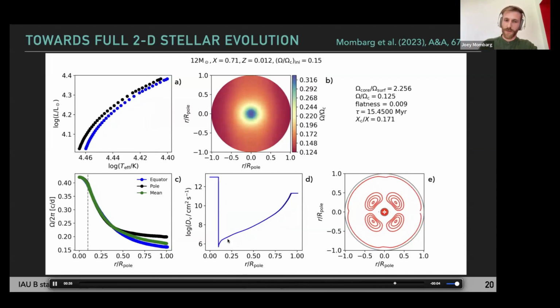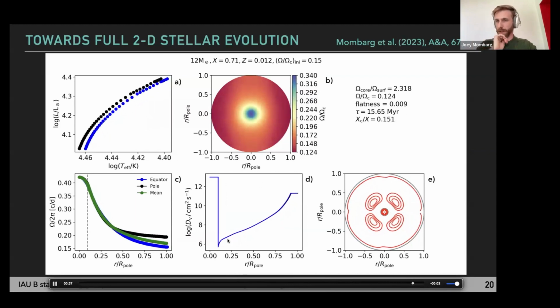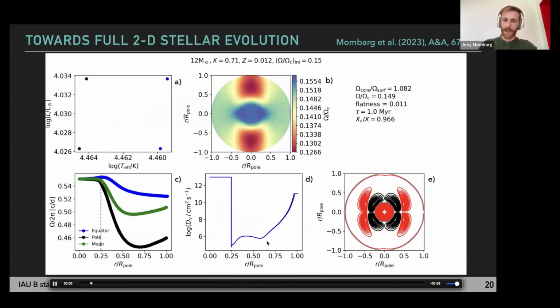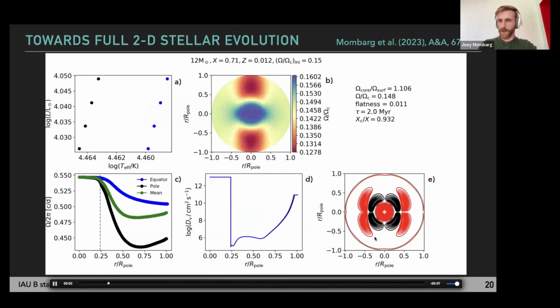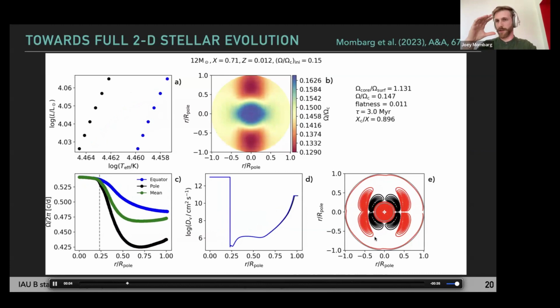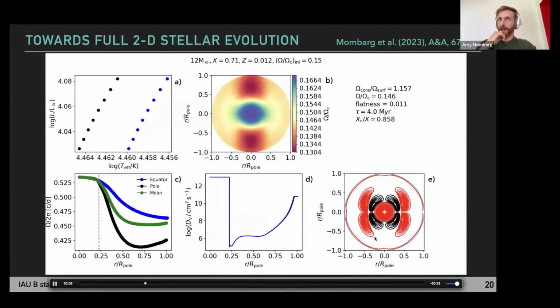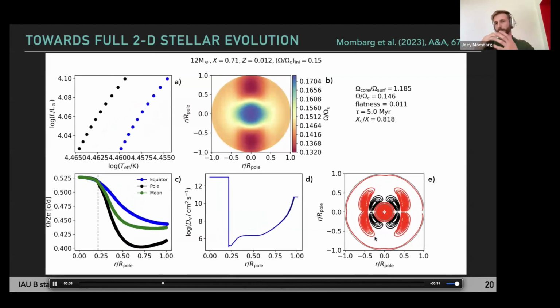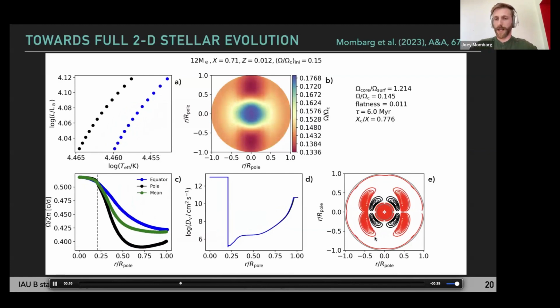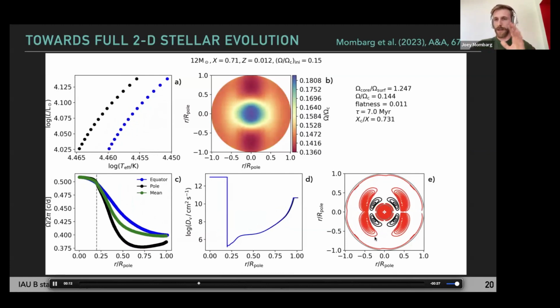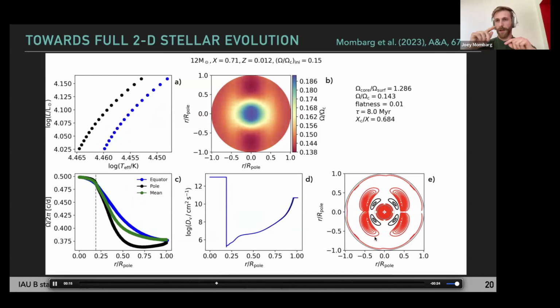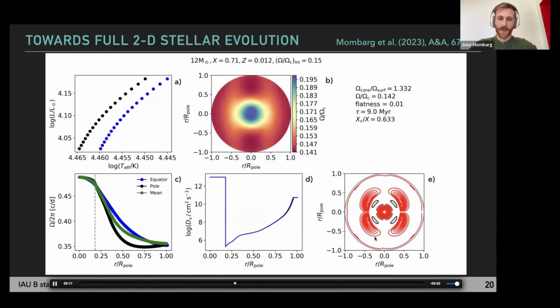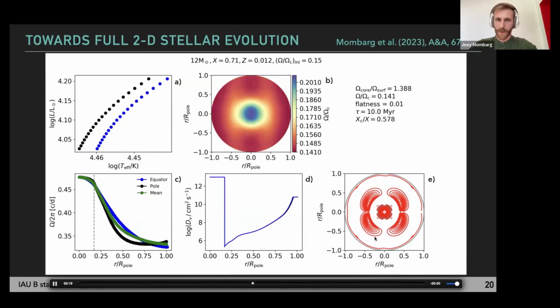Here the diffusion coefficient, what we predict from rotational mixing, as I mentioned earlier. And in the last panel, we have what we call the stream function. This shows you how the cells of the meridional circulation look, and here the red and black colors indicate oppositely rotating fluid elements.